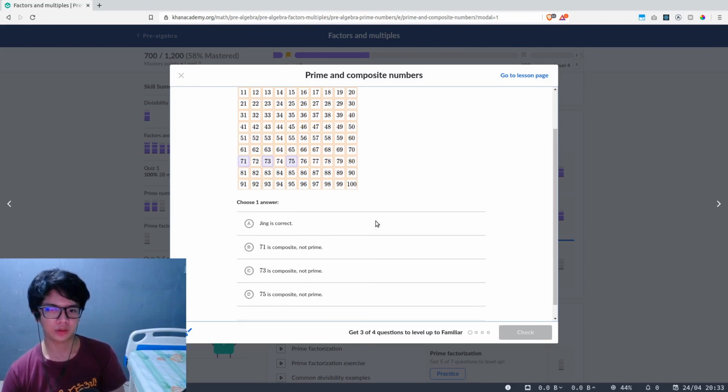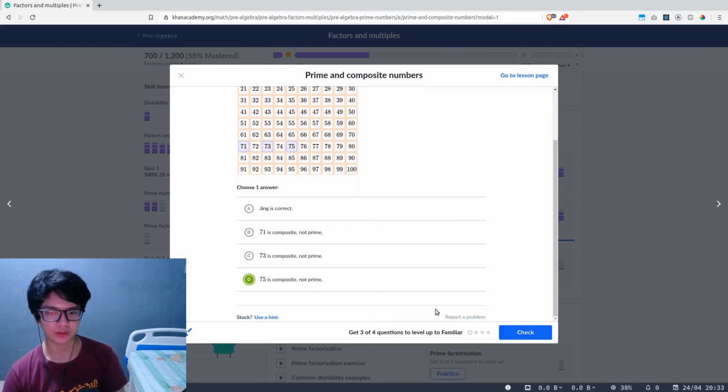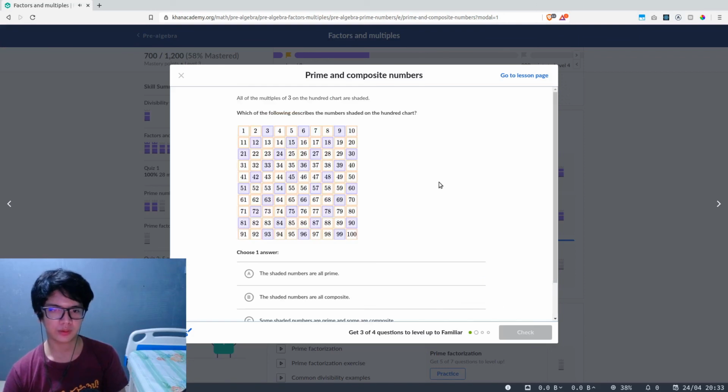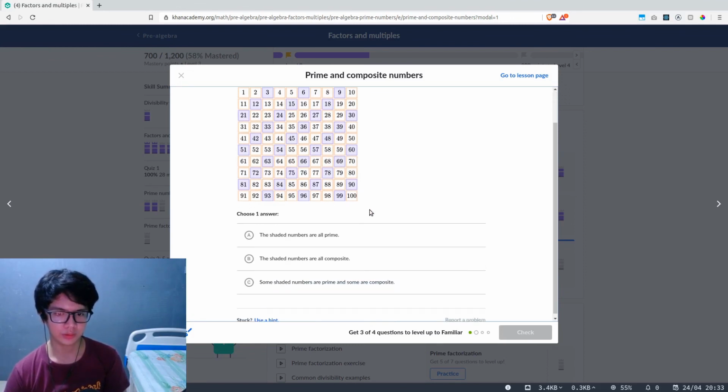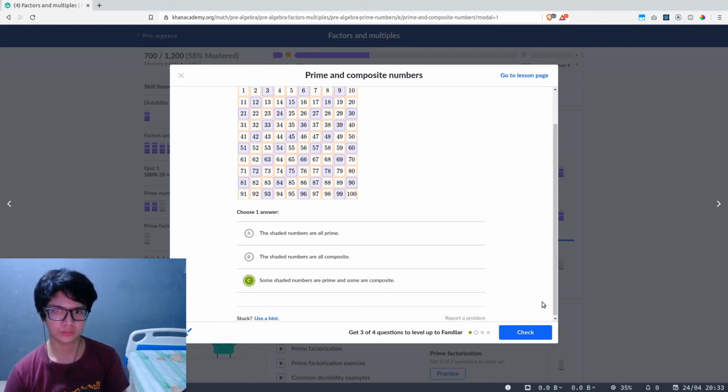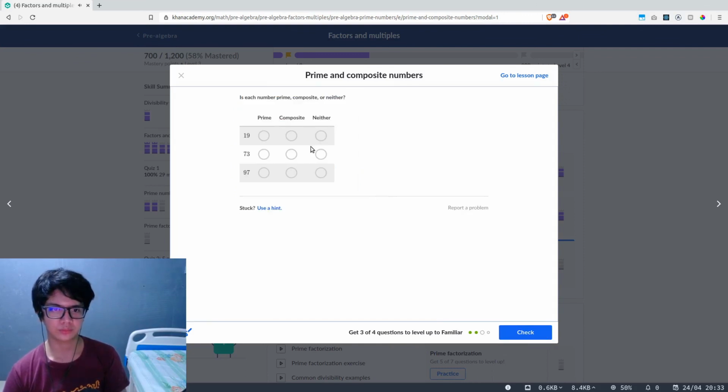73? 75 is a composite number. It looks like it. Prime 10.